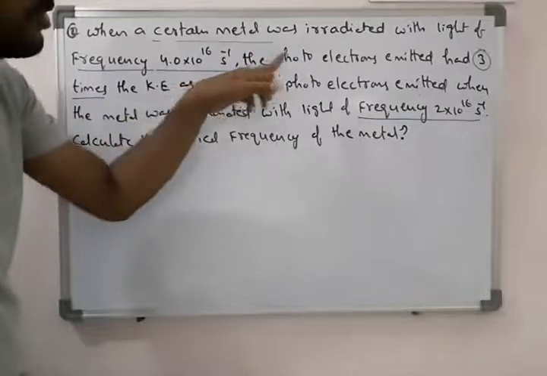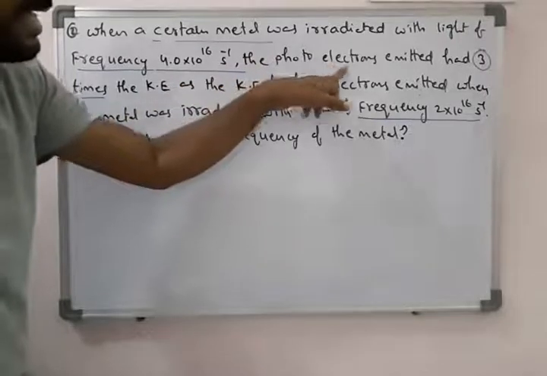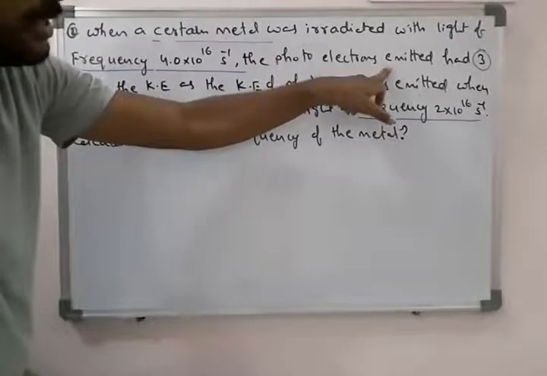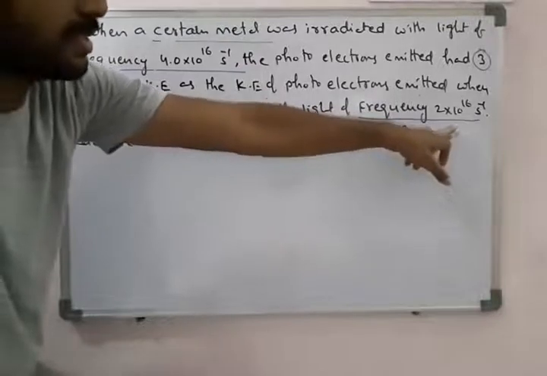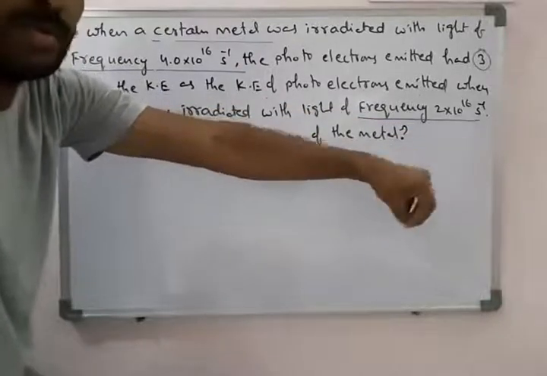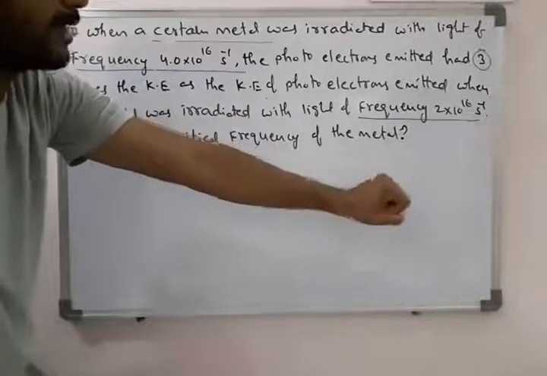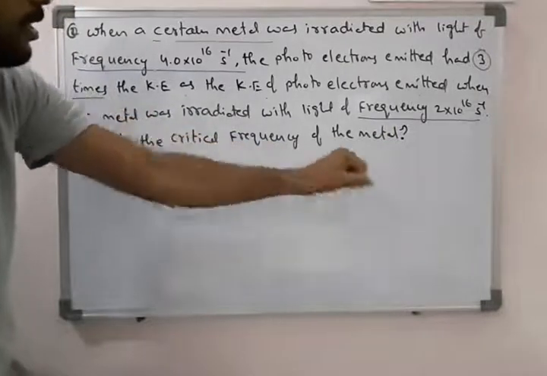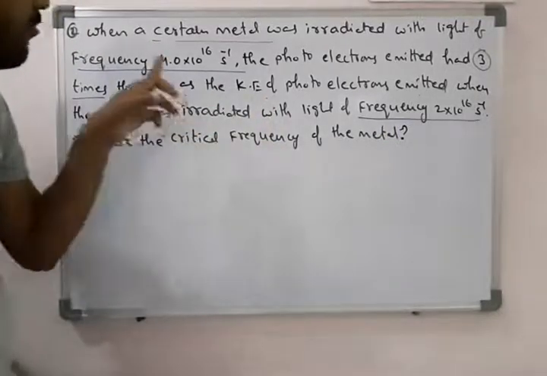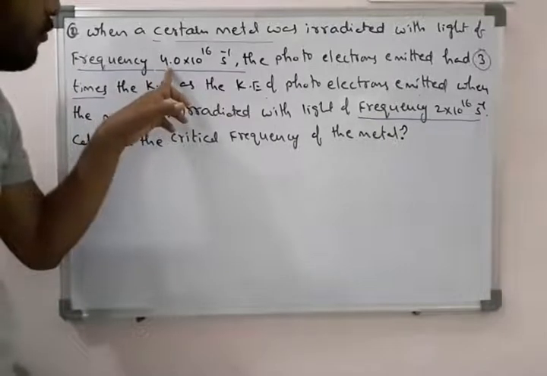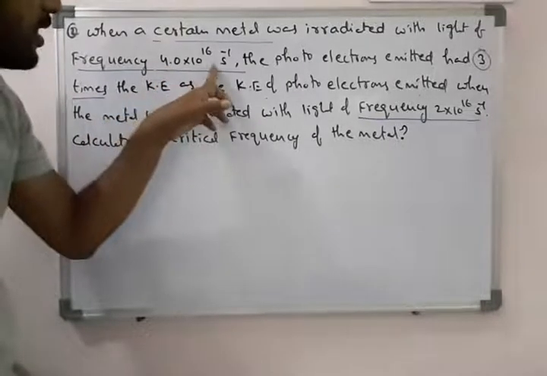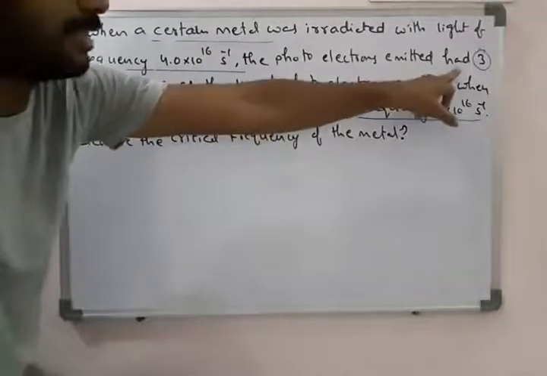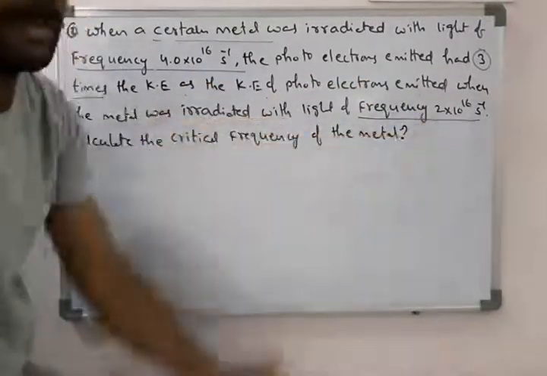The kinetic energy of the electrons released when the frequency of light is 4 into 10 power 16 is 3 times that of the first experiment.